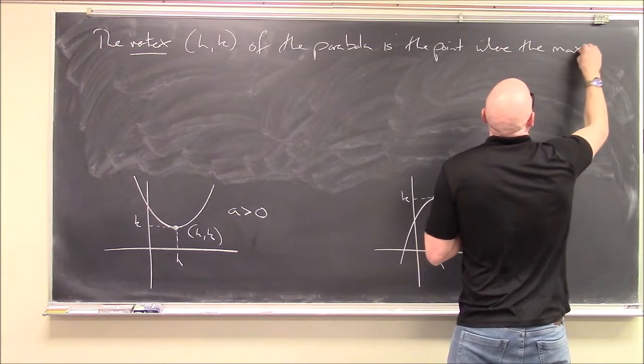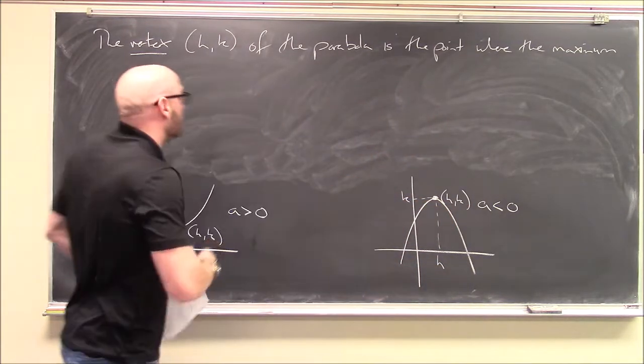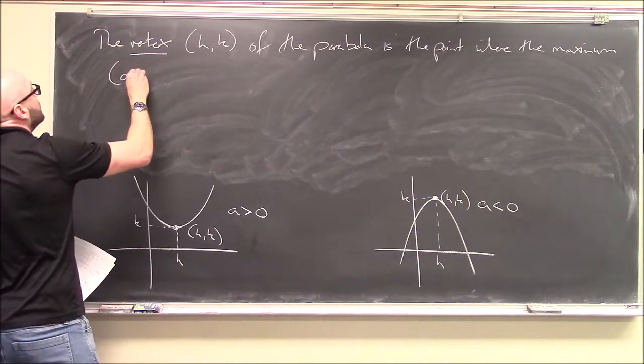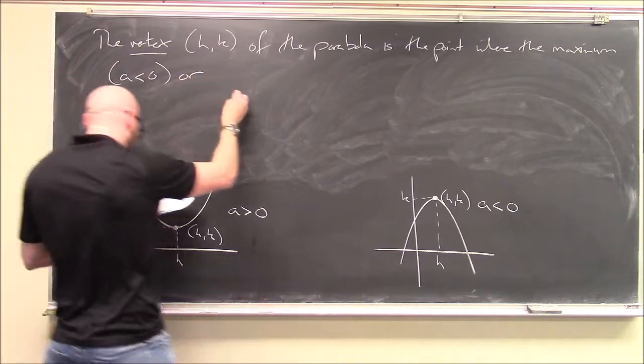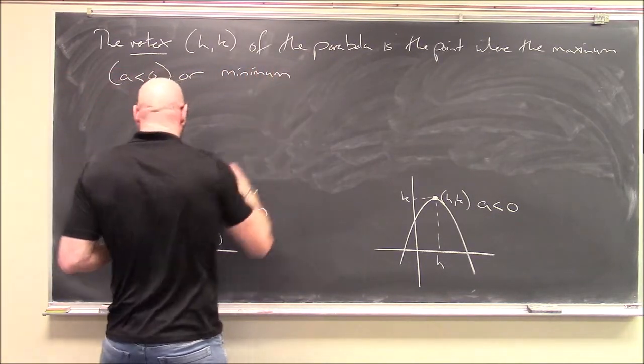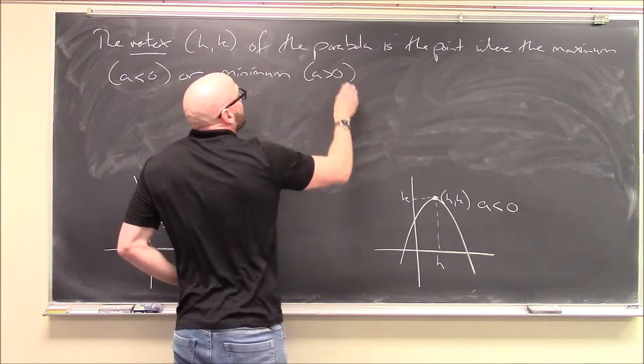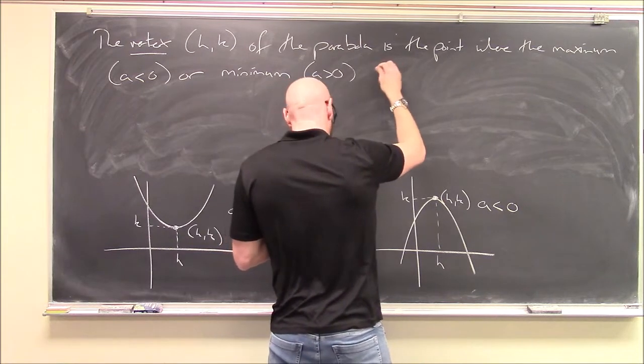where the maximum, so maximum happens in the a less than 0 case, or the minimum, in the a bigger than 0 case, where the maximum or minimum value occurs.